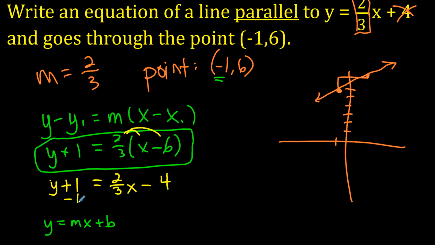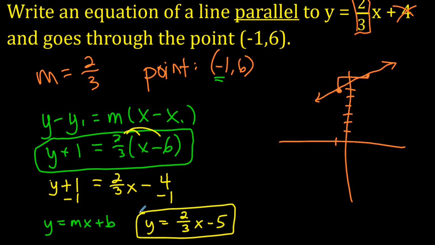And then I would subtract 1 from both sides, and I would get y equals 2/3 x minus 5. So this is in slope-intercept form, but if it just says write an equation, what we wrote to begin with is totally okay. You do not need to convert it unless you're told to.